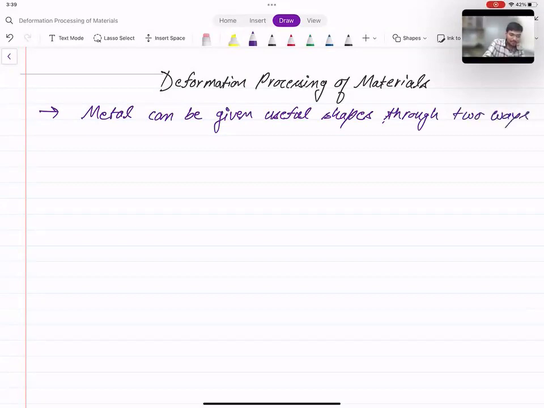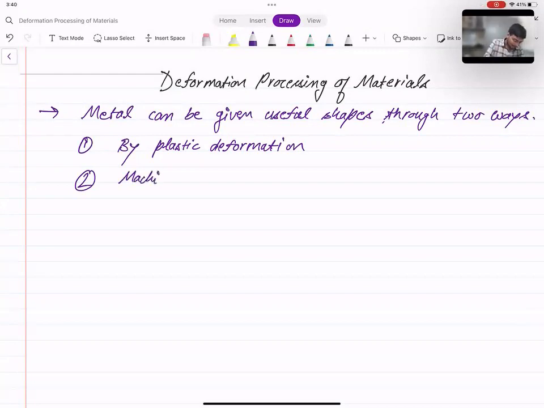So these two ways are by plastic deformation and the other way is by machining or removal of metal, machining operations.